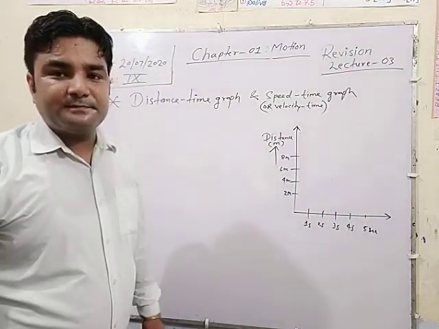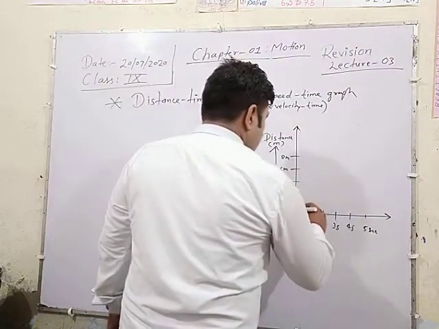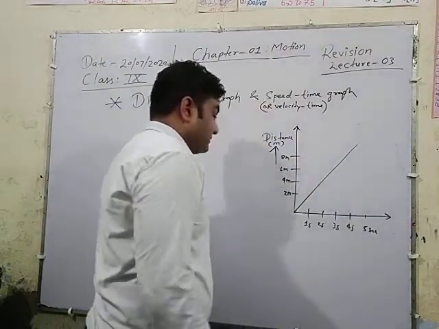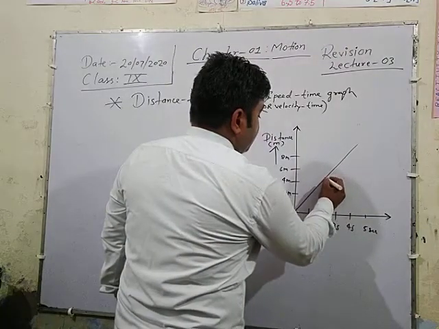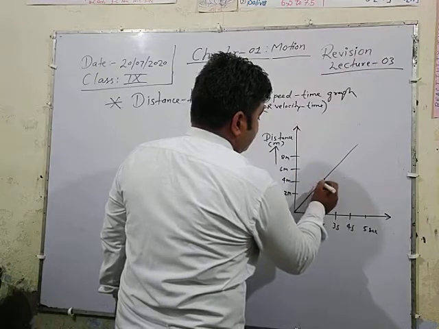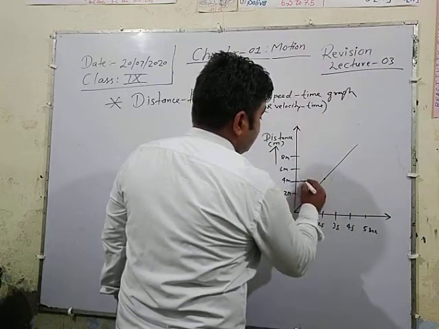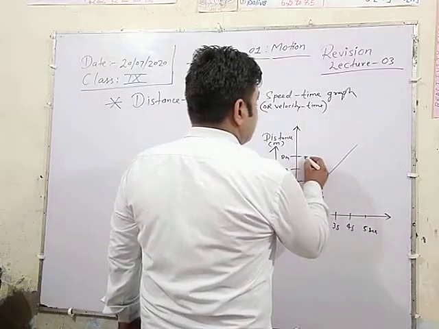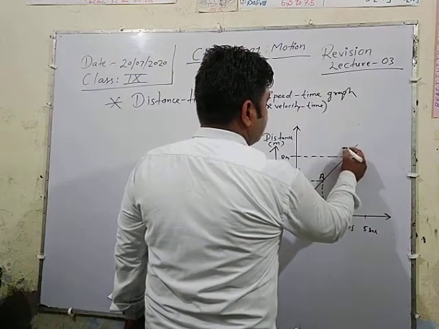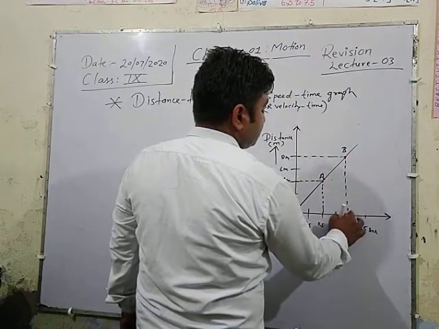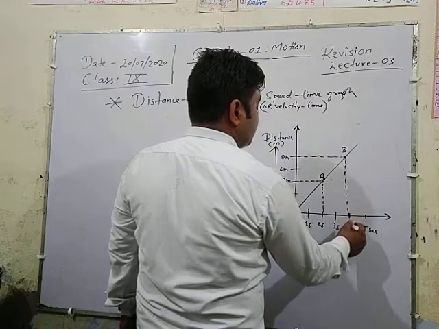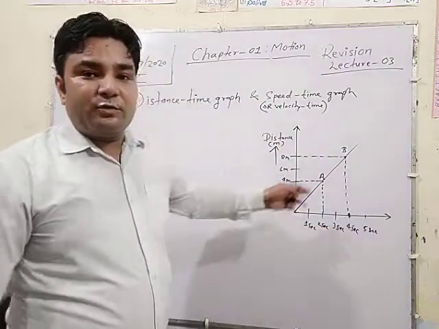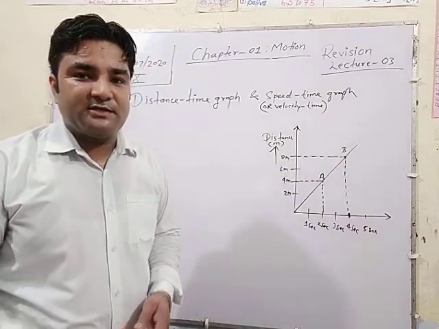We have to calculate the speed from A to B. Here this is point A, and this is point B. From A to B, what is the concept of speed here?